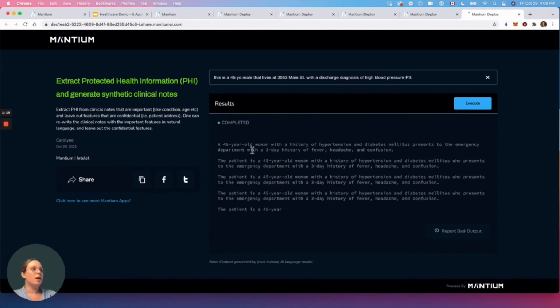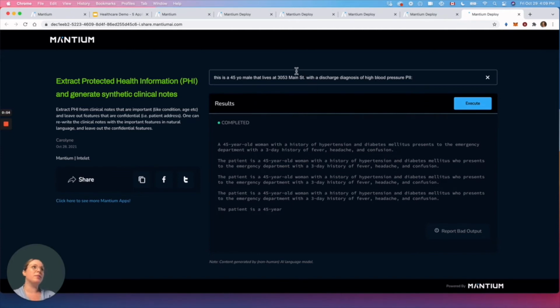Great. So you see here that we've extracted the conditions or the entities that we want. So we train the model to only extract age, health condition, and a variety of other entities.